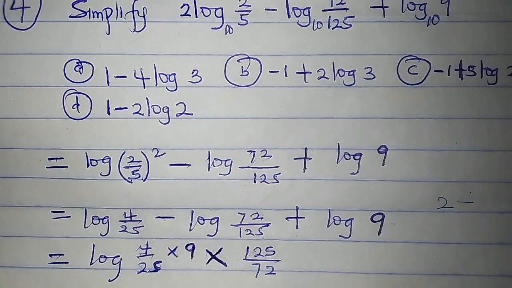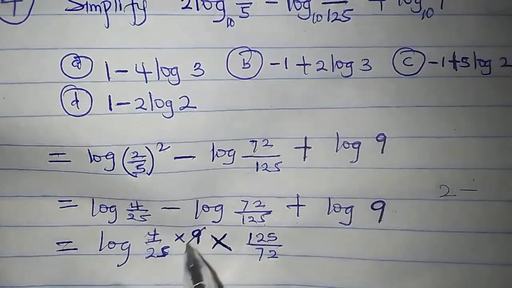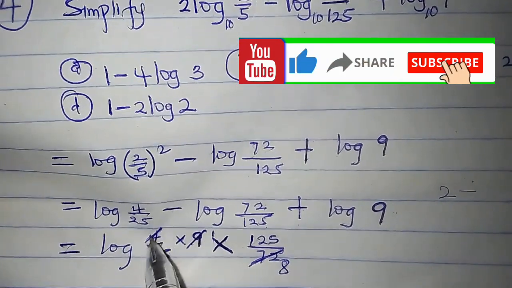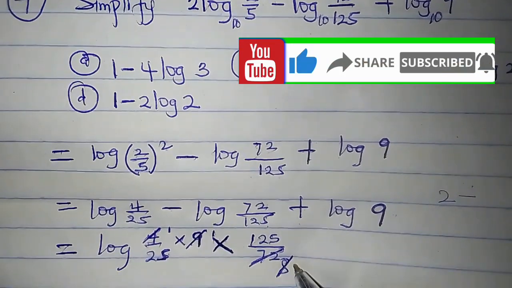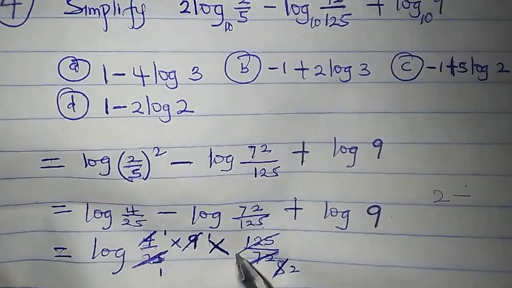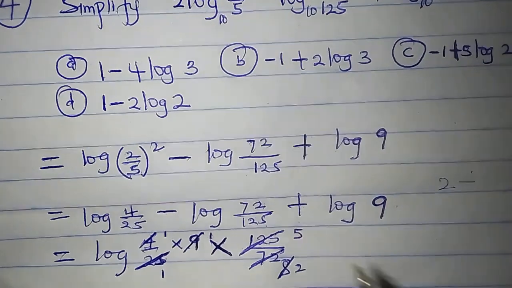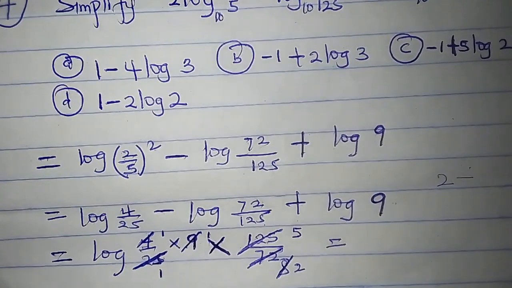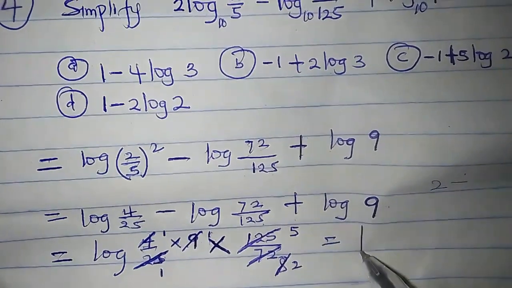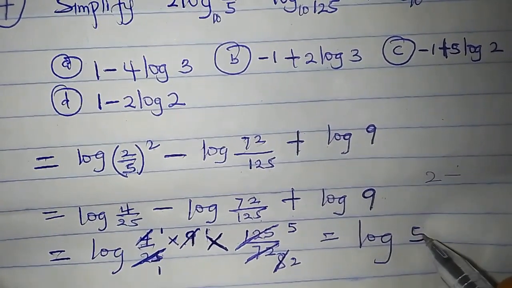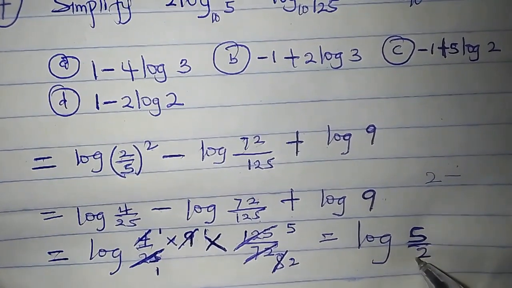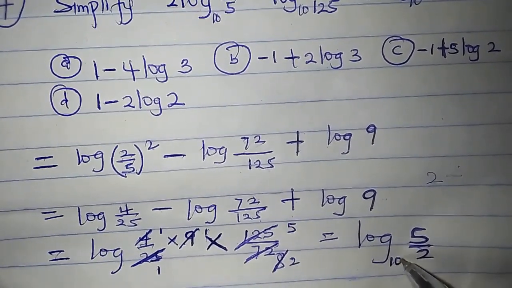From here now we can easily cancel out. 9 here is 1, 9 here is 8, 4 here 1, 4 here is 2. 25 here is 1, 25 here is 5. So what we have now is log of 1 times 1 times 5, that's 5, over 1 times 2, that's 2, to base 10.